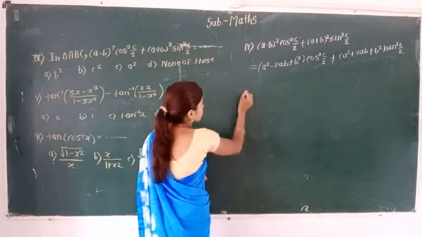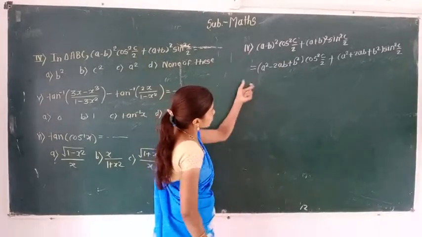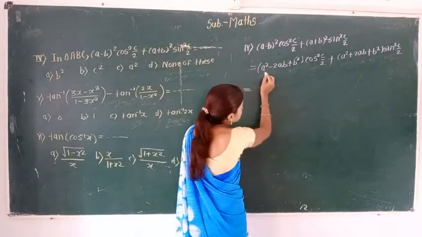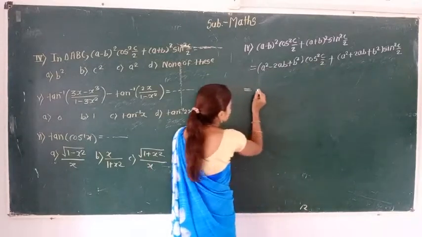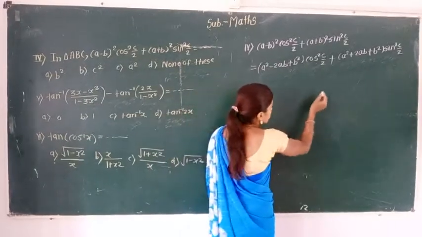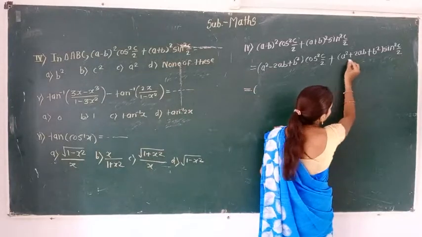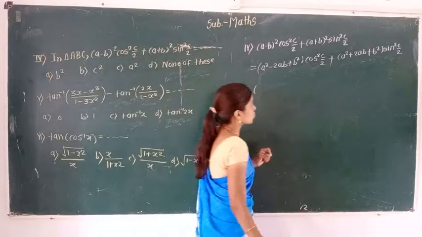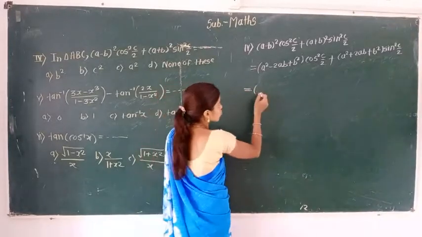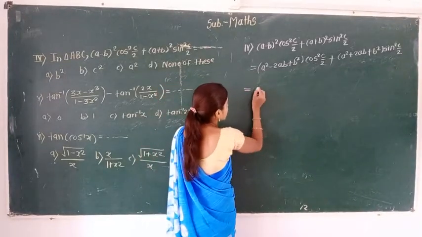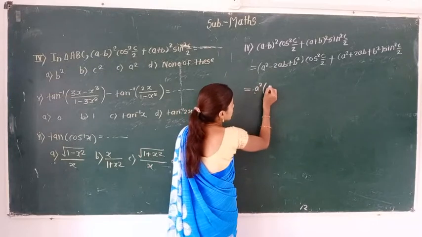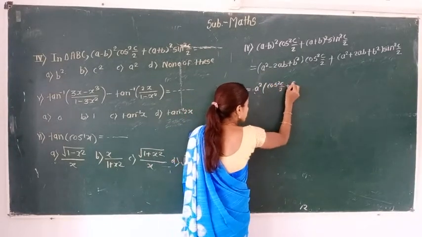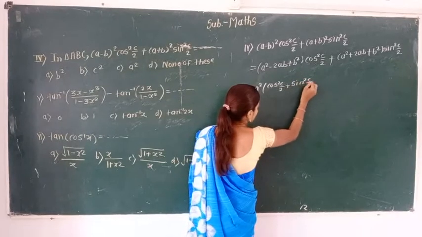Now take a cross multiplication of these two terms: a square cos square C by 2 and a square sin square C by 2. The common factor of these two terms is a square, and in the bracket we write cos square C by 2 plus sin square C by 2.